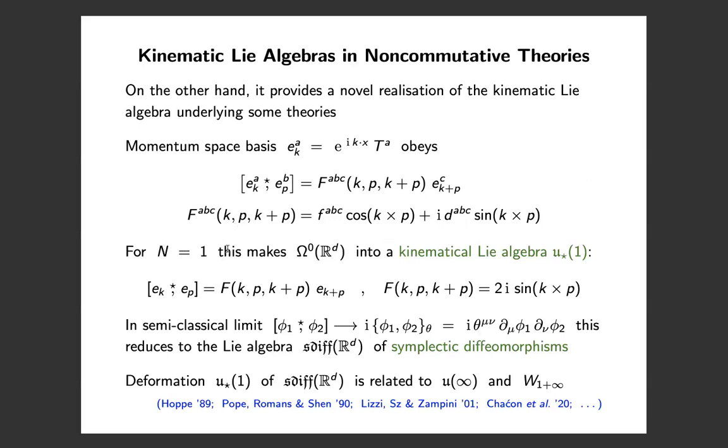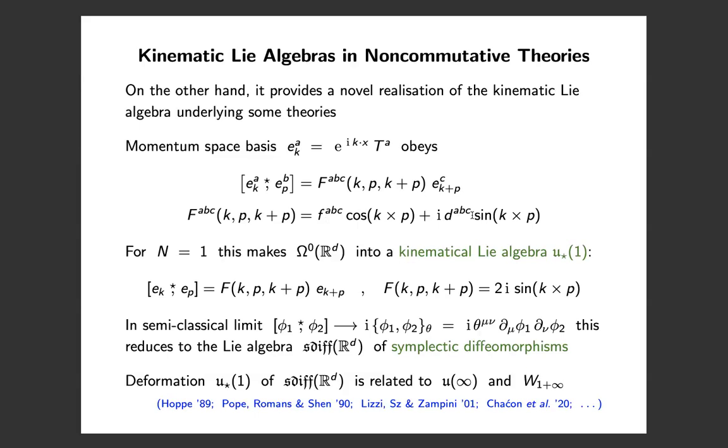Now what's interesting here is if you look at the rank 1 case, so the non-commutative u(1) theory, then this just makes the space of ordinary fields, no color, into a kinematic Lie algebra. What we're doing is putting these f^{abc} to 0 because it's going to be the u(1) group. And these d's, which come from taking the anti-commutators, you just put them equal to 2 in this case.